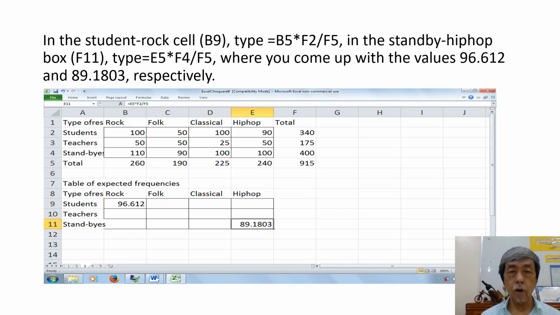In the student rock cell B9, type equals B5 asterisk F2 slash F5. In the standby hip hop box F11, type equals E5 asterisk F4 slash F5, where you come up with the values 96.612 and 89.1803 respectively.